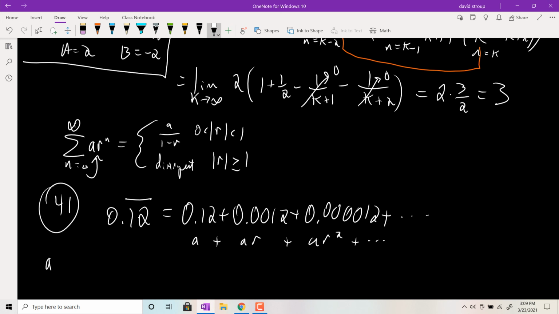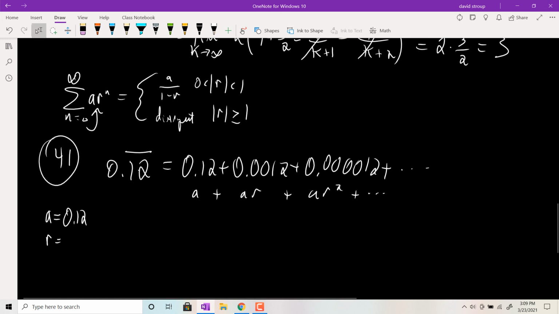And these kinds of problems are always convergent, so we don't have to worry too much about that part. But we need to figure out the a value and the ratio. So the a value is 0.12. The r value is just the ratio of two consecutive terms. So you have 0.0012 over 0.12.